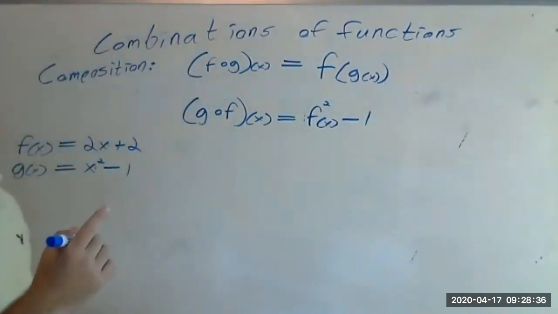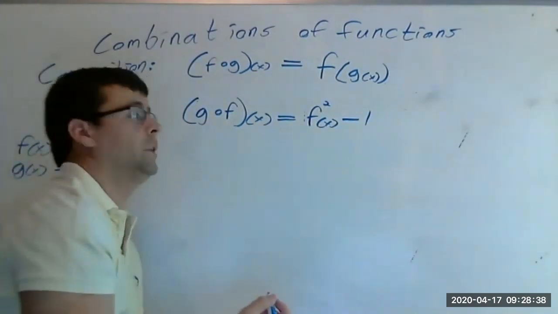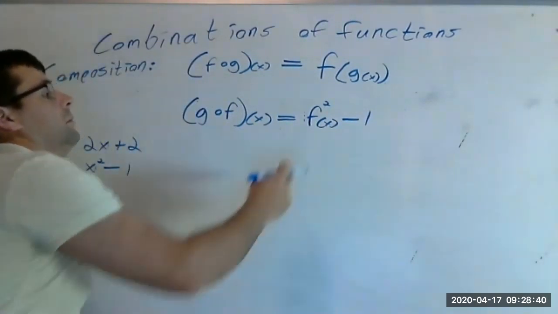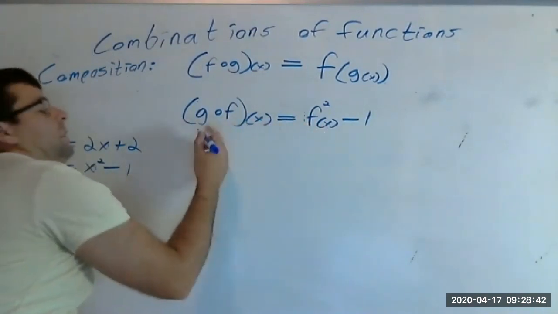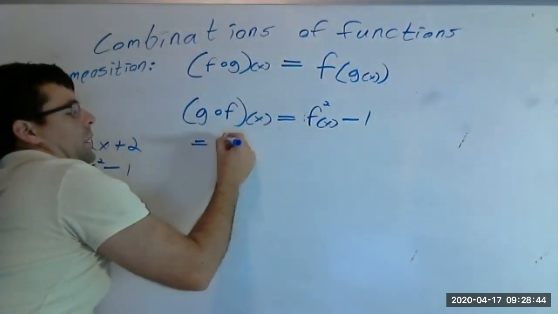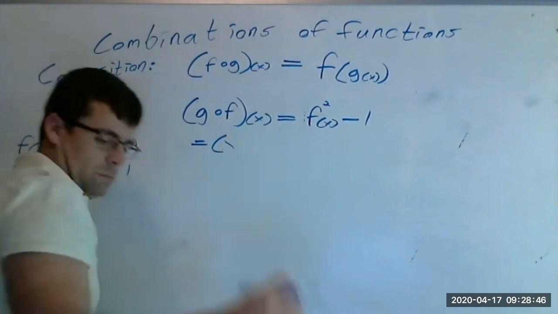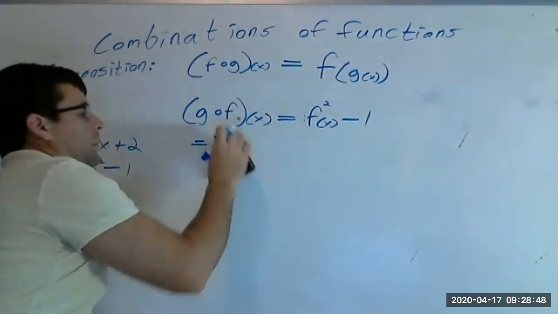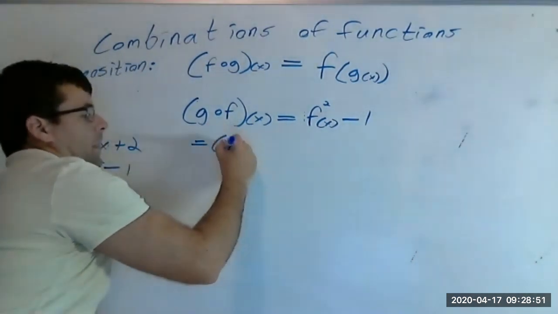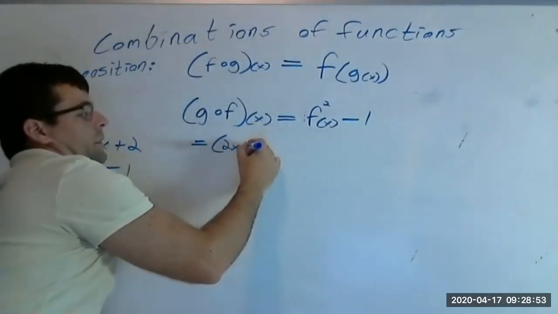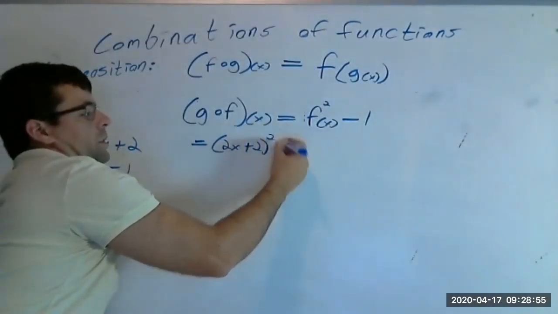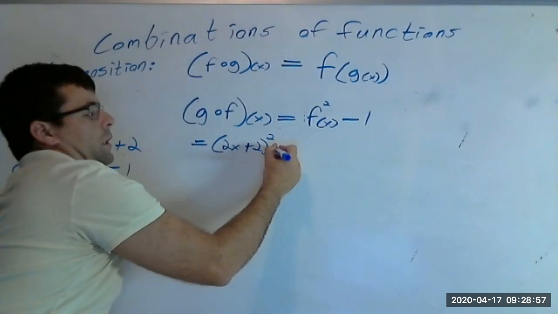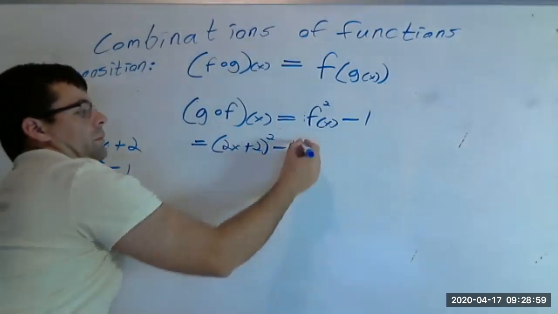And then if you continue further and you plug in what f is, you get 2x plus 2 squared minus 1.